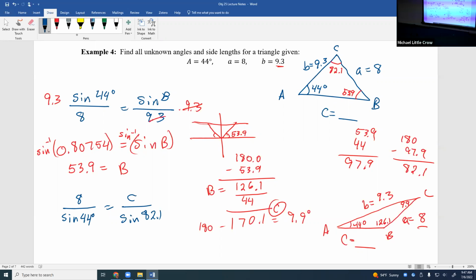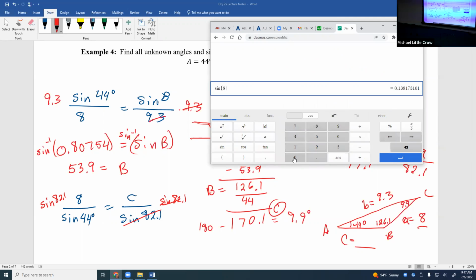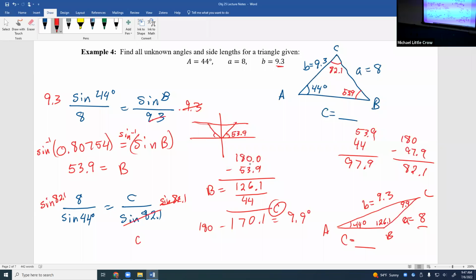To find c, multiply both sides by the sine of 82.1, and we'll get that one directly. So for this one, we're going to get c is equal to 11.4.